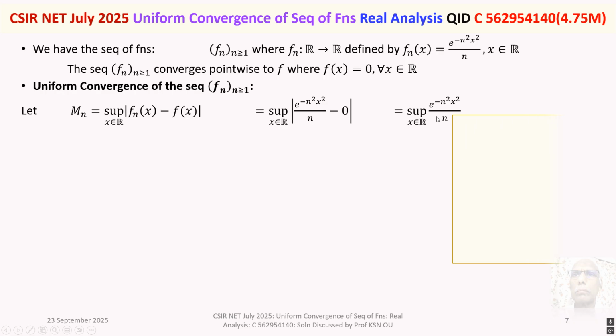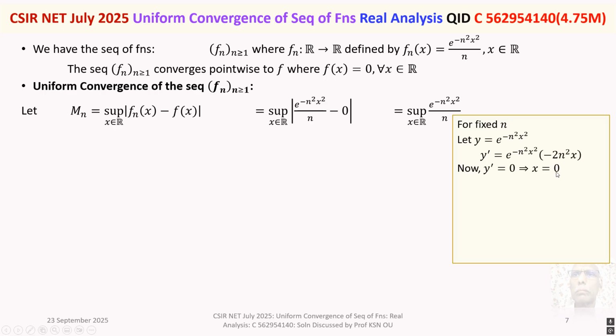So, for fixed n, we take e^(-n²x²) as y. Differentiate once and equate to 0. We get x is equal to 0.